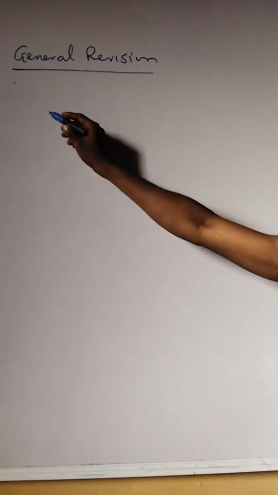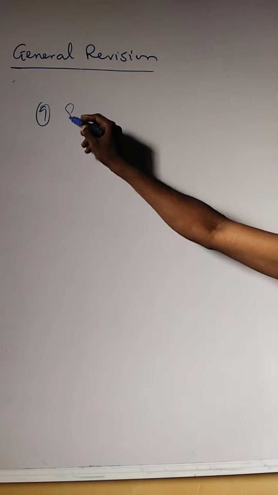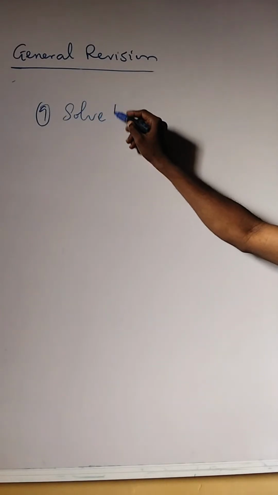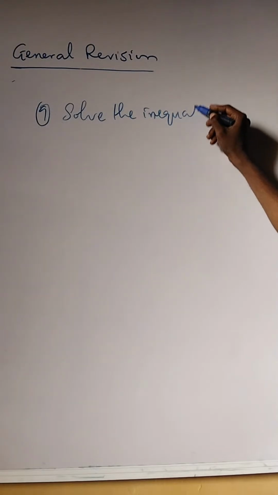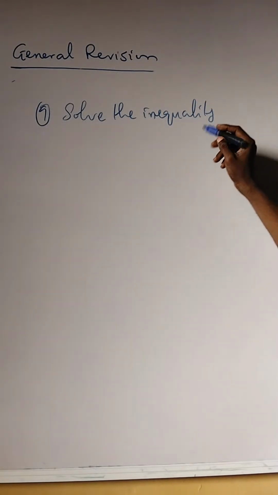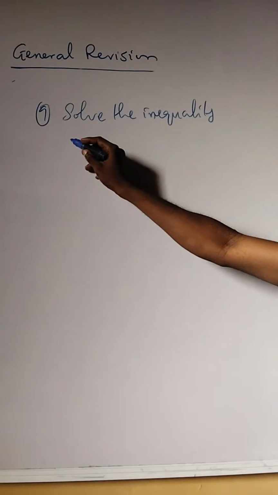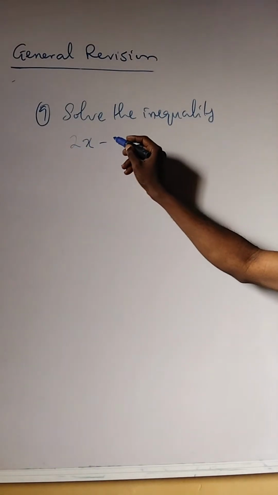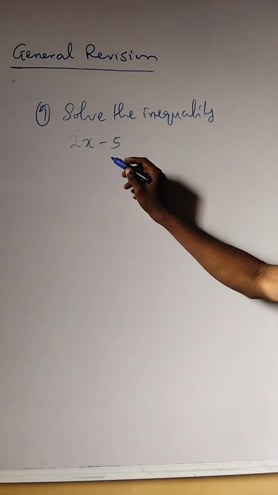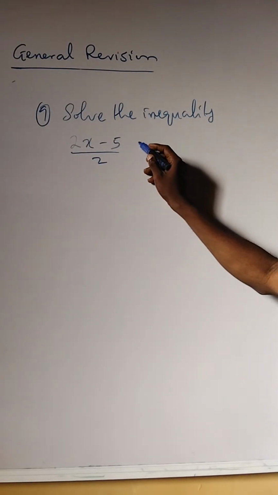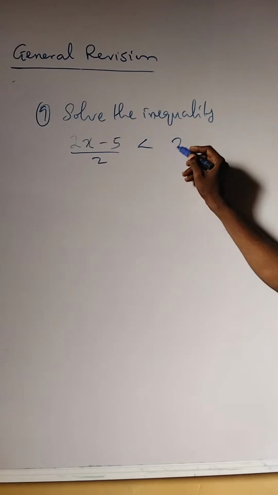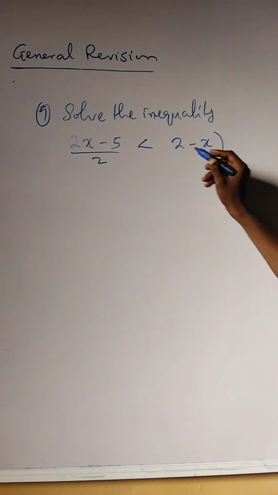Solve the inequality: 2x minus 5 over 2 less than 2 minus x.